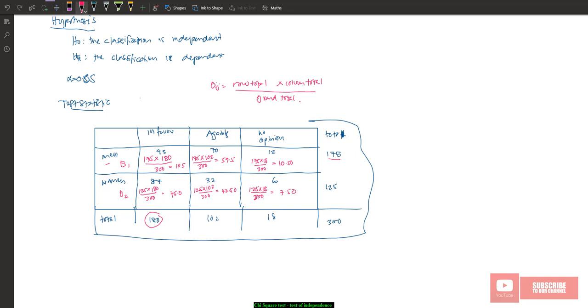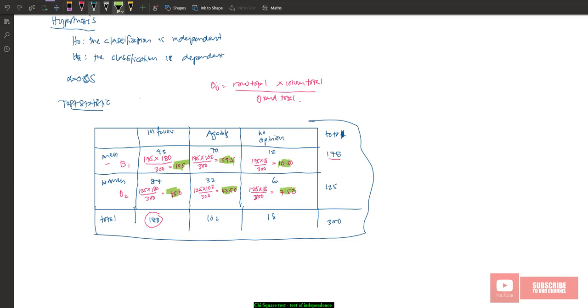So now, as we learned from the last class, if you want to proceed with a Pearson chi-square test, the expected frequency should not be less than 5. If you can see from the expected frequencies here, none of the cells has an expected frequency less than 5.